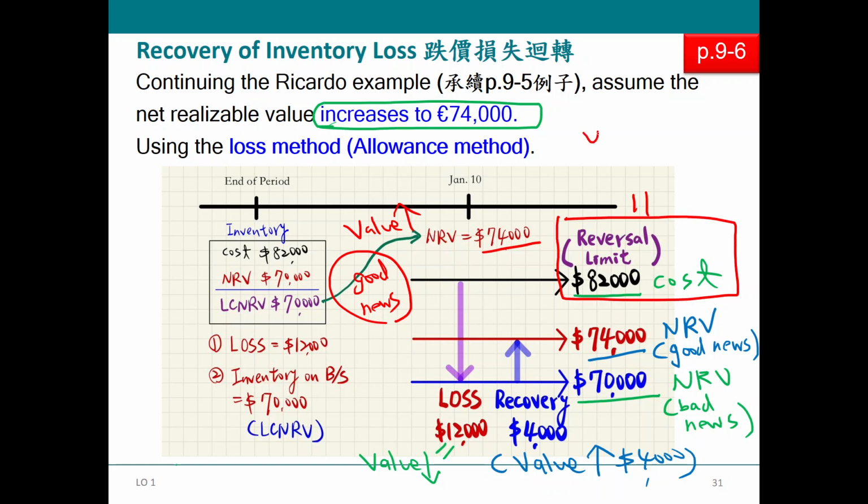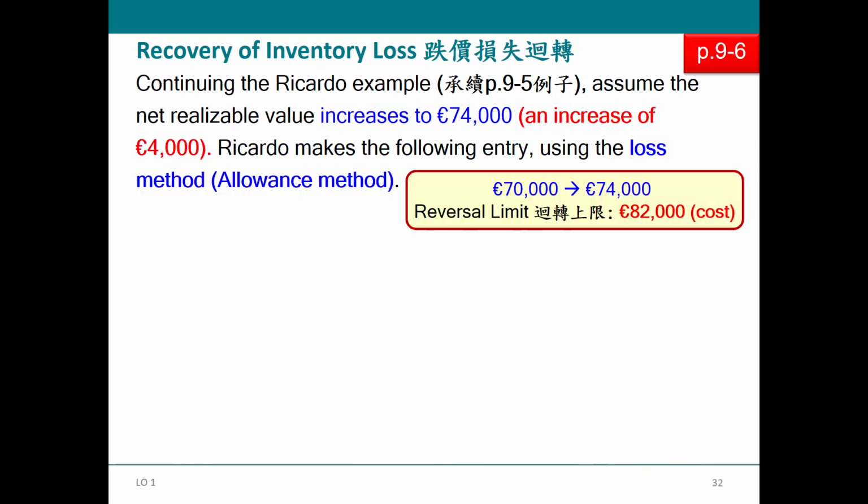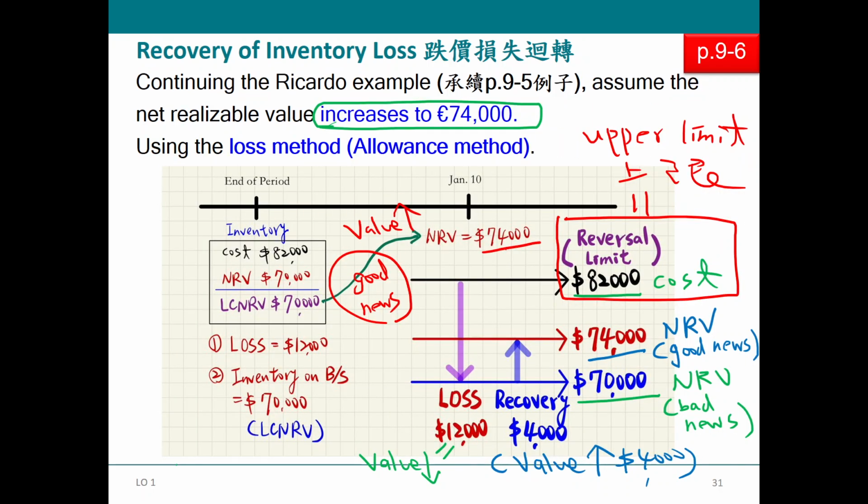This is your upper limit, 上限. Okay, why is cost your upper limit 上限?